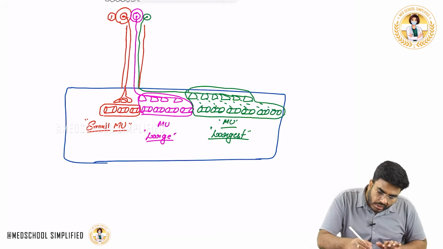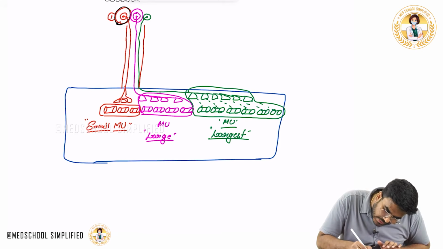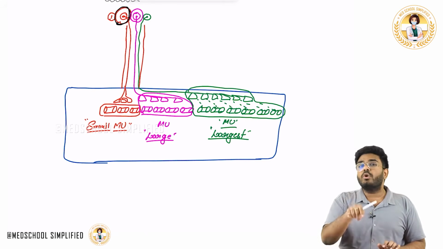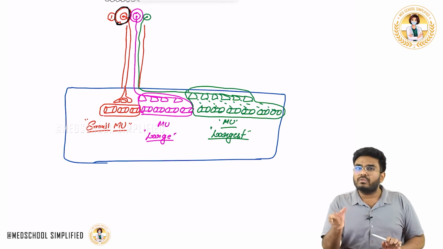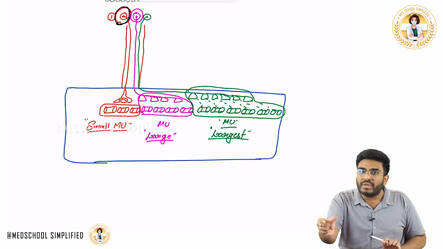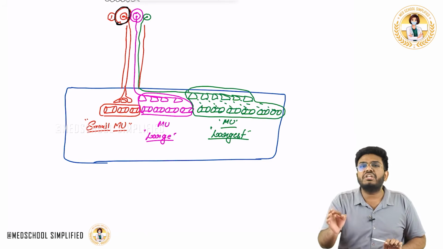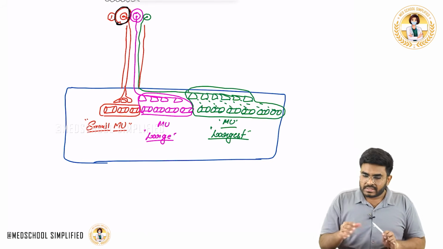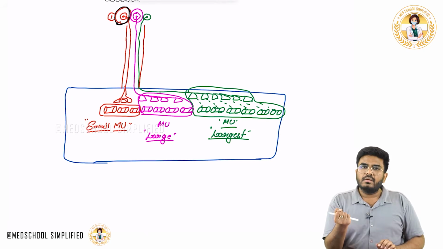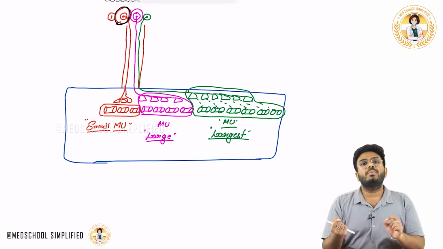So, those motor neurons which are forming a small motor unit are initially activated. For example, I am holding an Apple pencil; less number of muscle fibers need to be contracted.